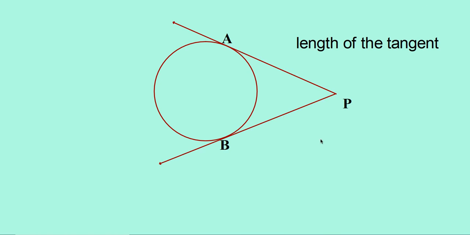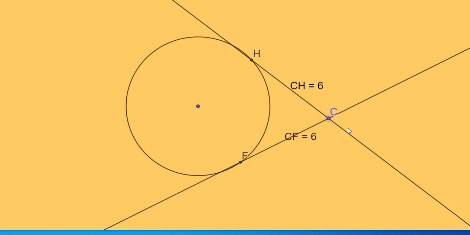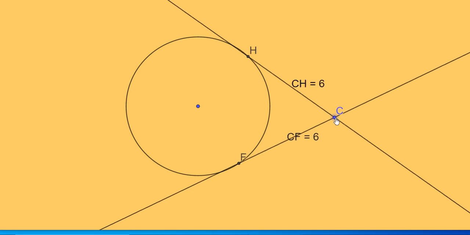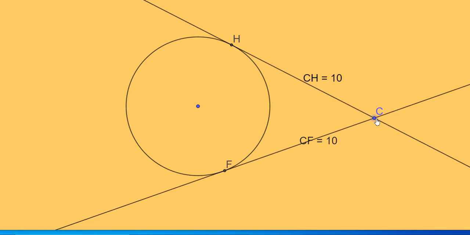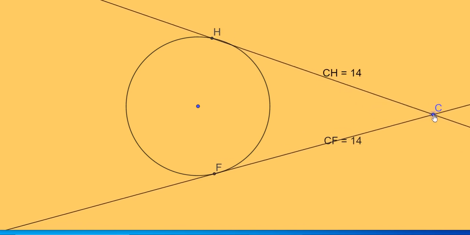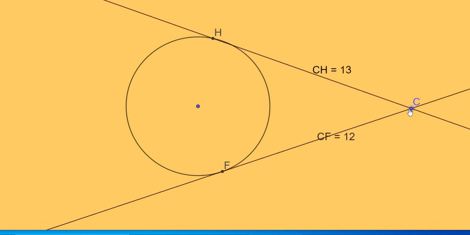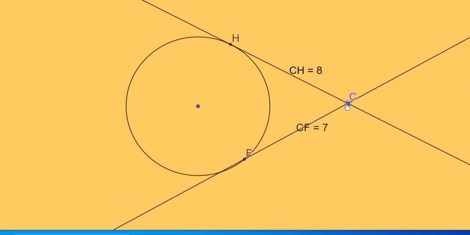There is a property on the length of the tangent from an external point. Let us see it. Here CF and CH are lengths of tangents and they are 6 units. Now when we change the position of C, you can see the length of tangents remains the same.